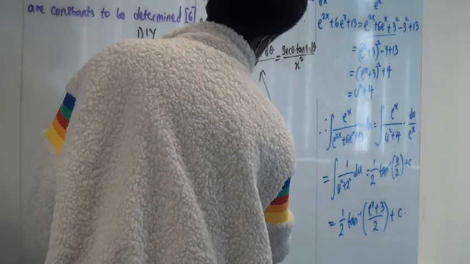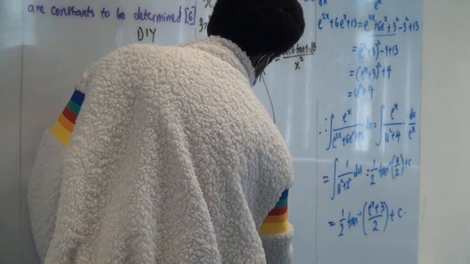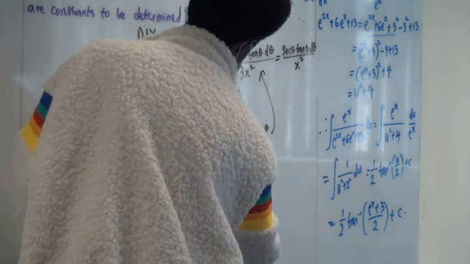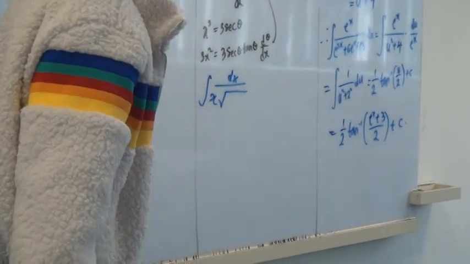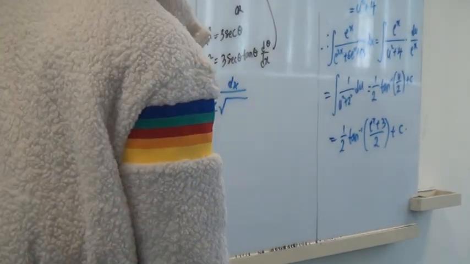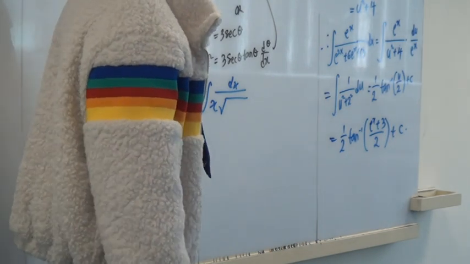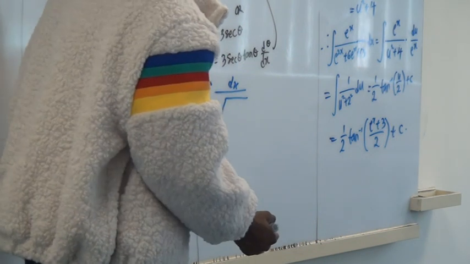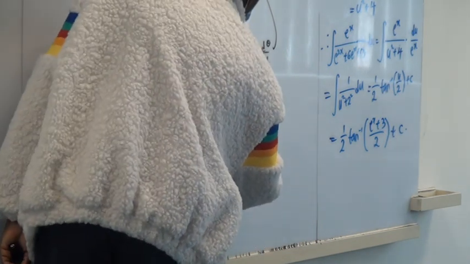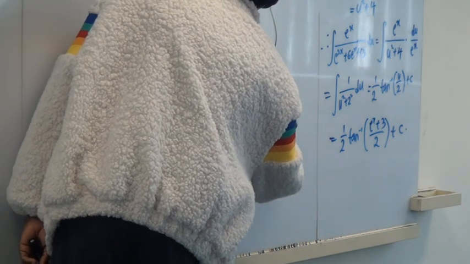The original problem, integral dx divided by x square root of, this is where the substitution into the square root comes in. If x cubed is this, then x to the power 6 will be this squared, so it's going to be 3 sec theta squared minus 9.